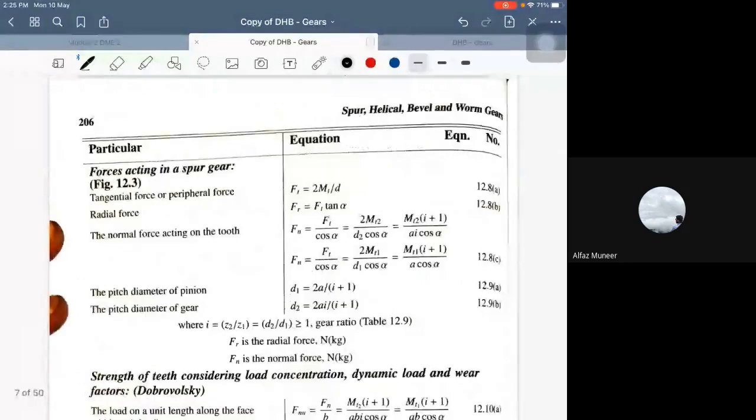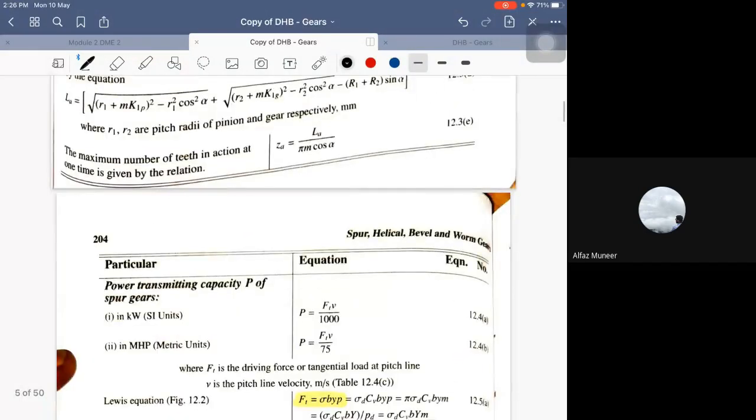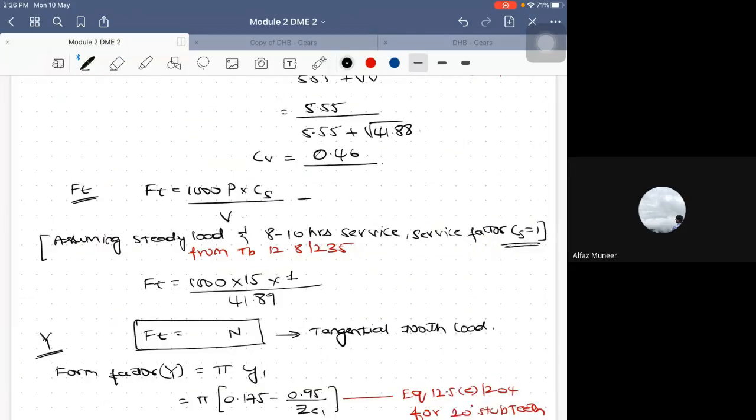If anyone finds it, just give me that so that it would be easy for me. 358.08. How much? 358. You take a whole number. Okay, 358 newtons.